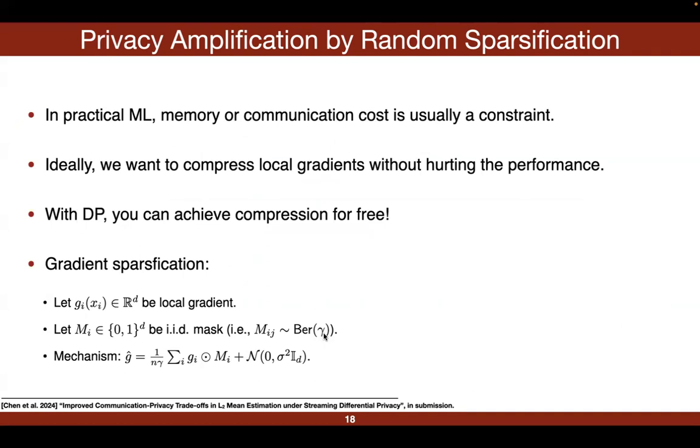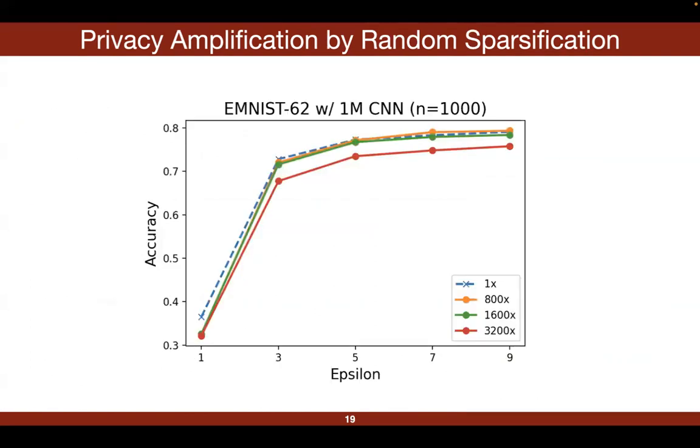So even though we only keep 1% of things, we can still have a good test accuracy. That's pretty surprising, right? When I did experiments for DPSGD, I was also very surprised. We can drop a lot of coordinates while still maintaining good accuracy.